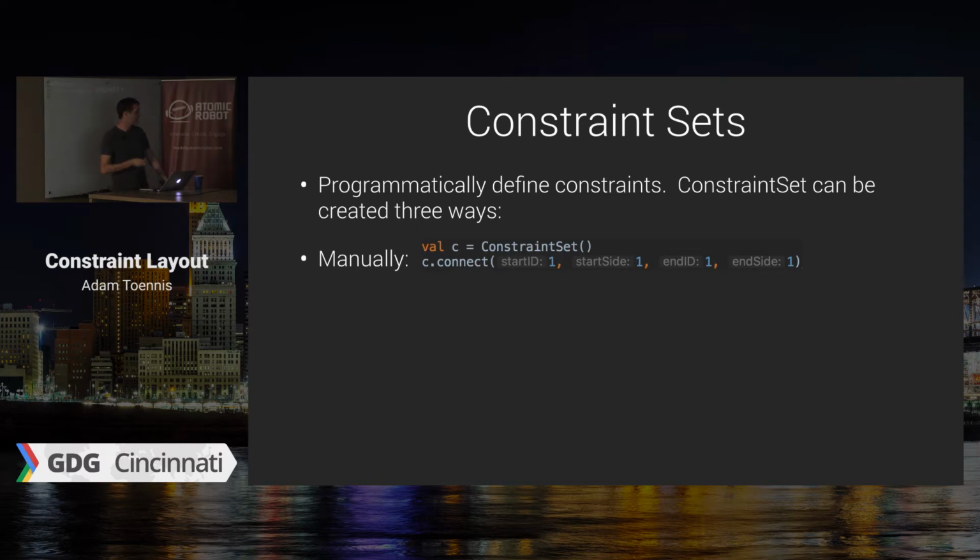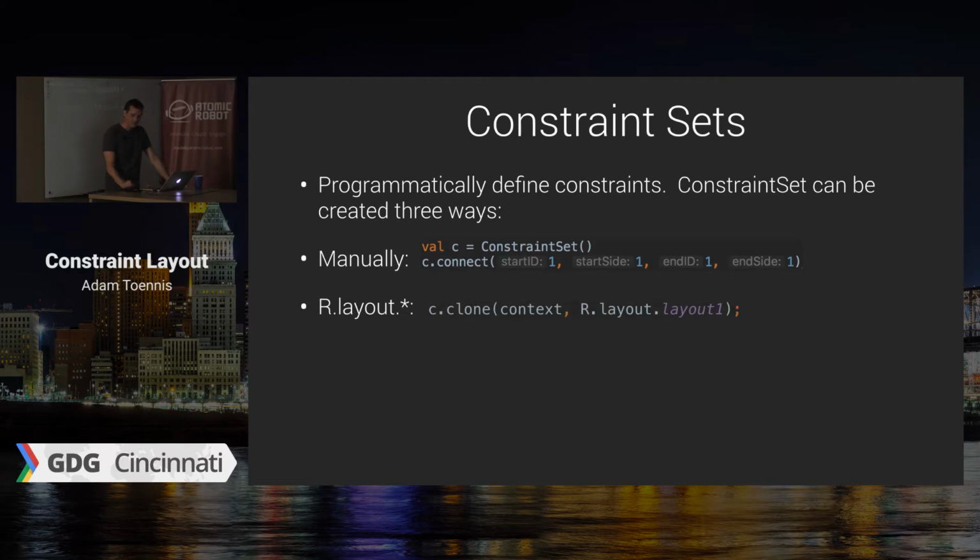And this might be difficult to read the little tooltips, but it says start ID, start side, end ID, end side, I should say. And so you're saying which view layout ID that's starting with and ending with right there, and then the side. I have not done this really because that seems pretty tedious, but I could see when maybe you would want to do it. When we were using these, we didn't have a reason to. That would build one constraint, so you could constrain the left side to the parent, for example.